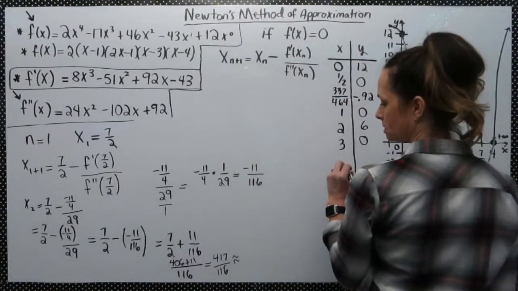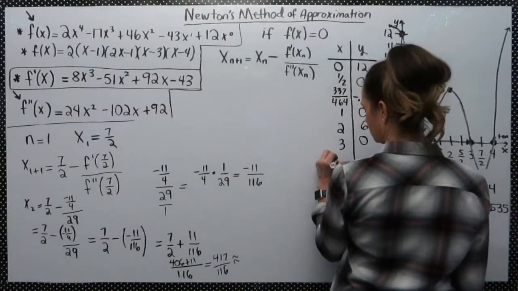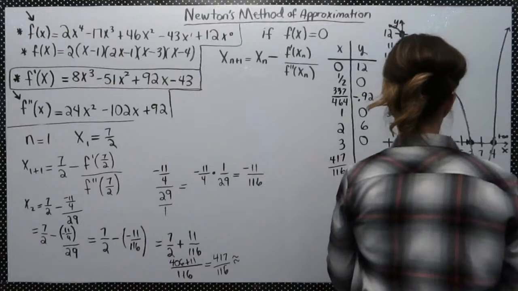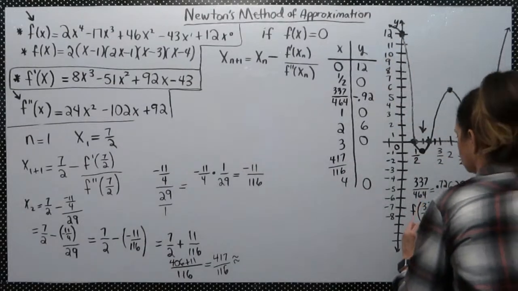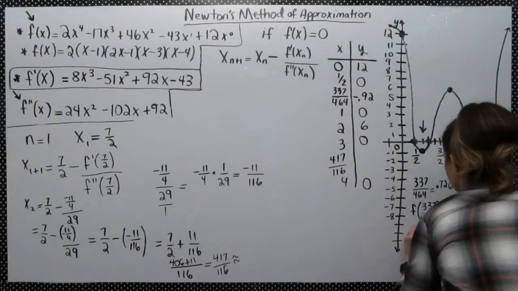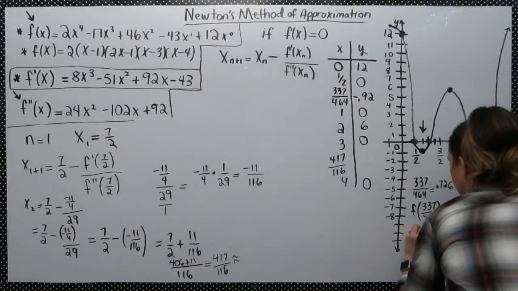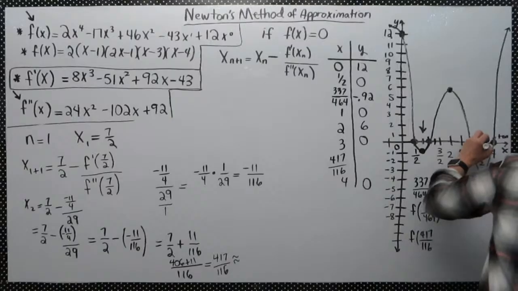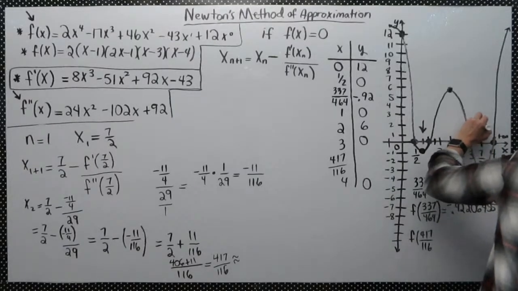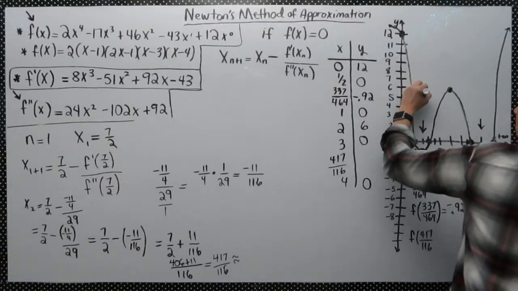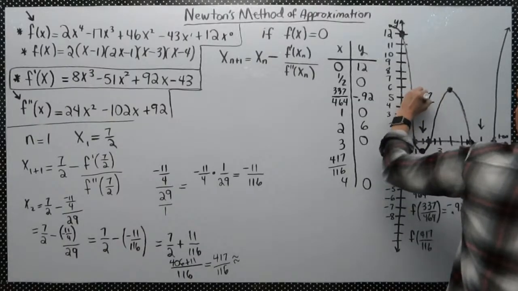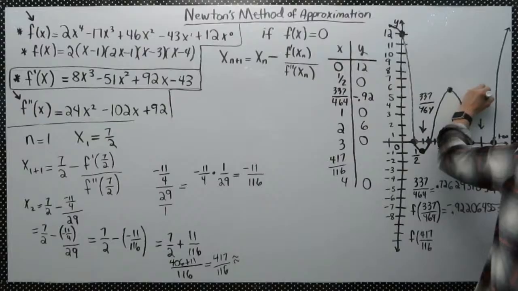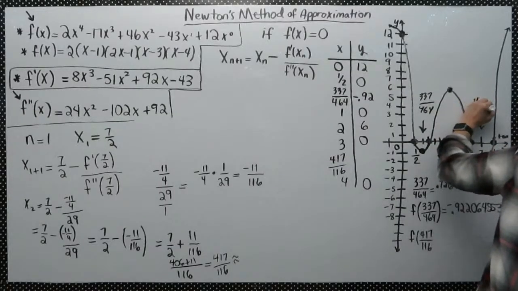So this is 417 over 116, and f of 417 over 116, which is right in here, real close to 7 halves. So this one was 337 over 464. And then this one is 417 over 116.